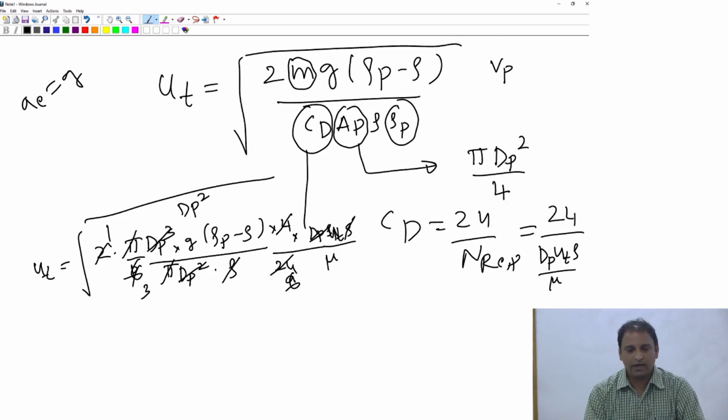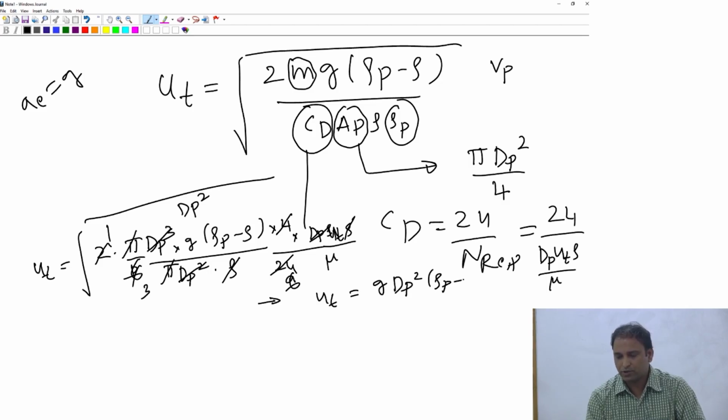If you work it out, of course your rho and rho are going to get cancelled. It turns out that your ut is going to be g into dp square into rho p minus rho divided by 18 mu, because 3 times 6 is 18, and you have mu in the denominator. You can work this out.